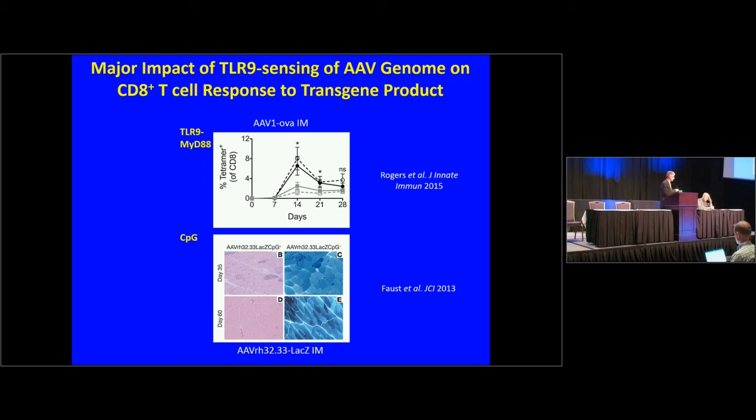And so work from Jim Wilson's lab has shown that if you take away these unmethylated CpG motifs that are typical for example, bacterial or viral genomes, and that are particularly good immunogenic ligand for TLR9, if you eliminate them from your expression cassette, you can drastically reduce the risk for a CD8 cell response against your transgene product, and you could get prolonged gene expression.